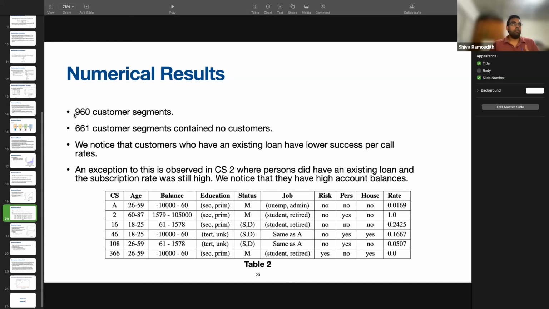So that's why the number of customer segments was so large, because it considered all possible combinations. The reason the majority of them contain no customers could be that there were no customers with that particular combination of features that allowed a customer in the test set to fall into that customer segment.